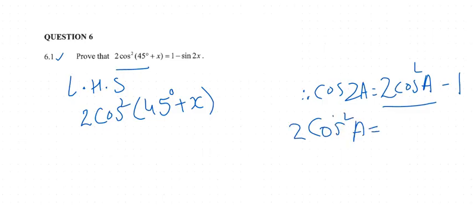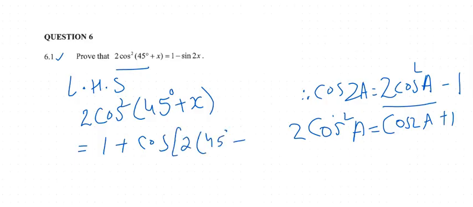I'm just putting the values over here. We have equals 1 plus cos of 2 times (45 degrees plus x). Okay, so I'm writing it like 1 plus cos (90 degrees plus 2x).